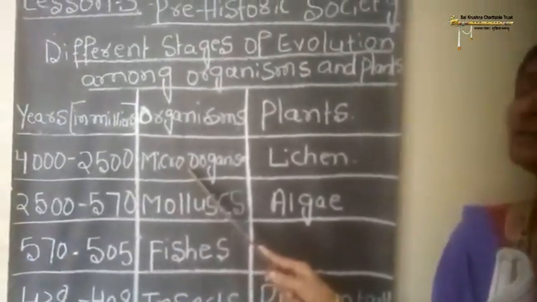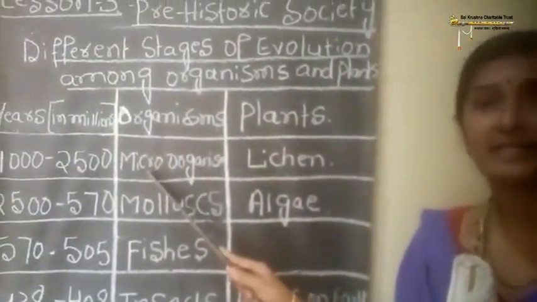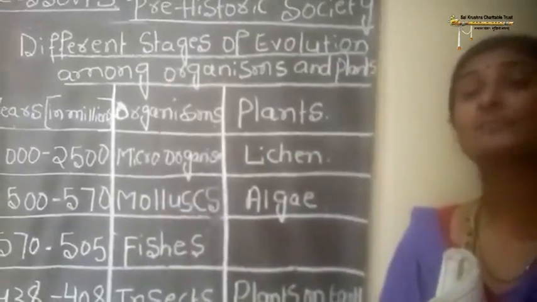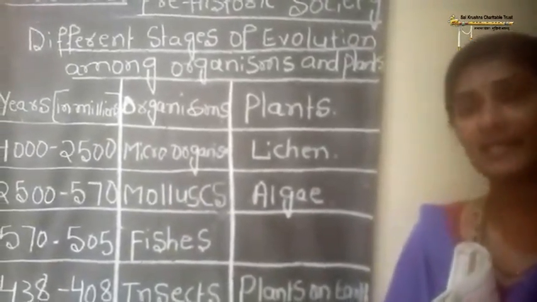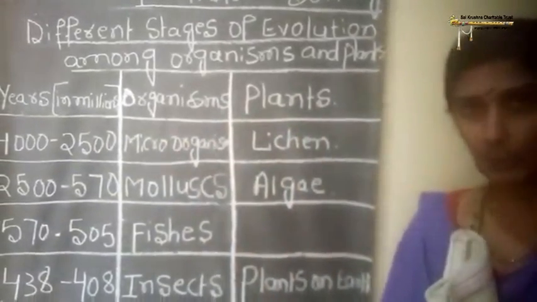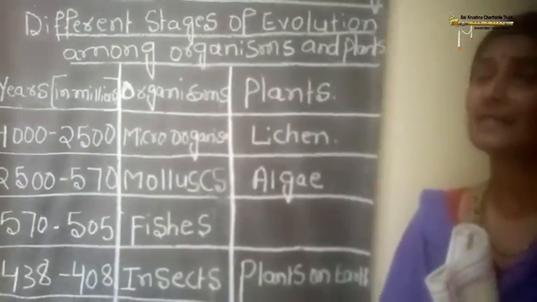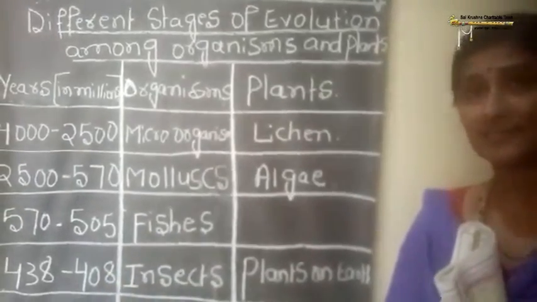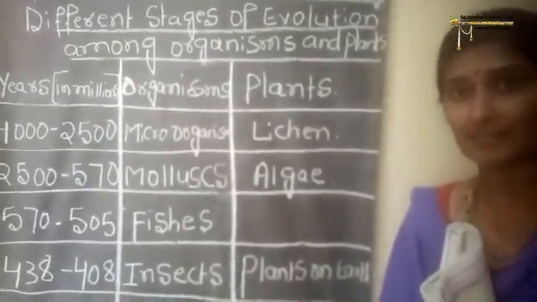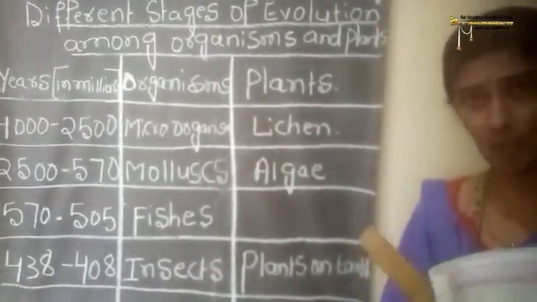microorganisms came into existence. What do you mean by micro? Micro means small organisms came into existence. Among that, the prokaryotes was the first bacteria that came into existence on the planet Earth. The prokaryotes was a single-celled organism.